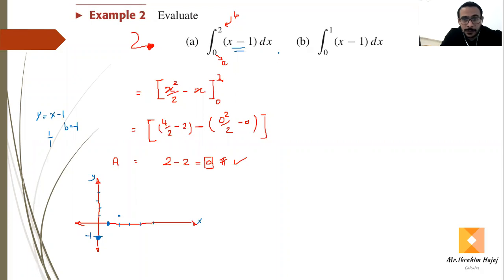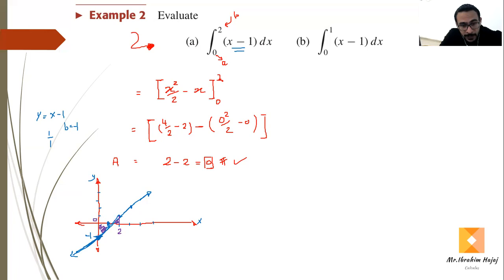From this point you move up 1 unit, right 1 unit, up 1 unit, right 1 unit, and so on. Okay, so you have a line. It's not an accurate line, but you have a line like this. To find the area, it says find the definite integral from 0 to 2. From 0 to what? To 2. Do you see my graph here? You have a triangle above the x-axis and a triangle below the x-axis.